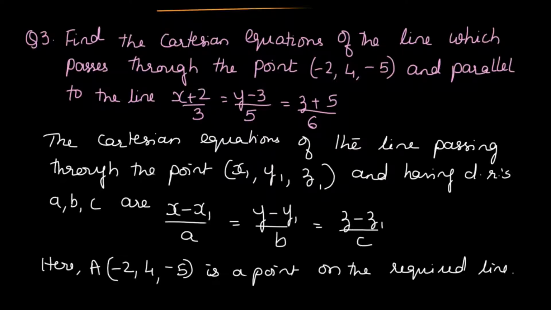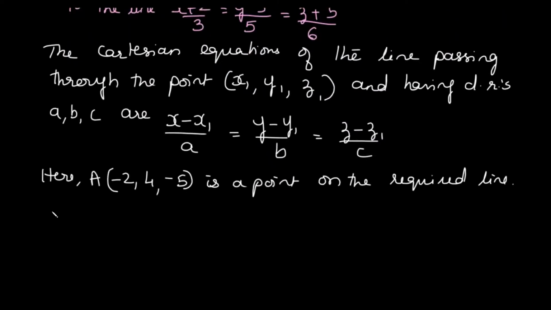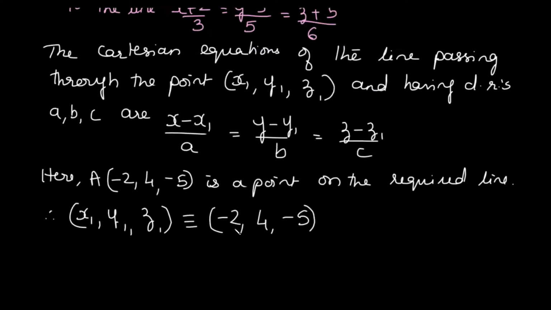So therefore, we can write this way, that is x1, y1, z1 correspond to -2, 4 and -5. So one thing we have got actually.